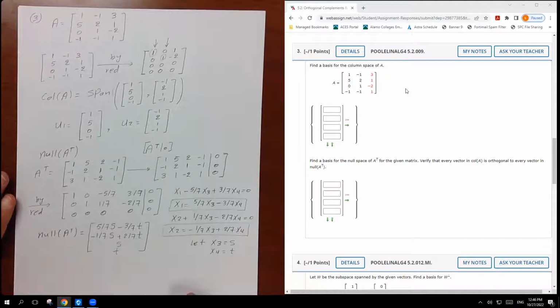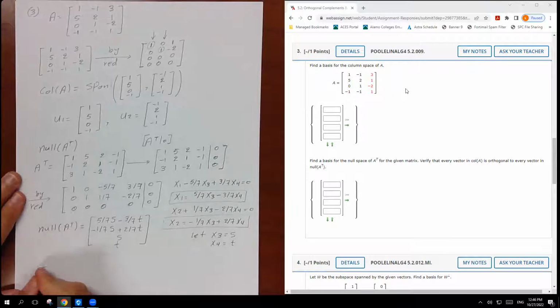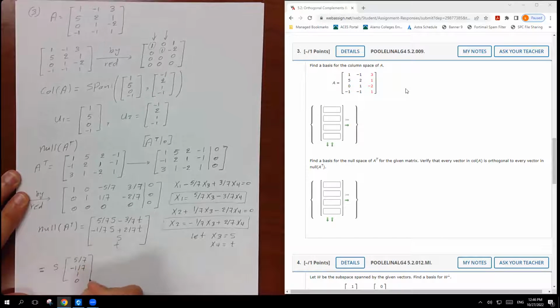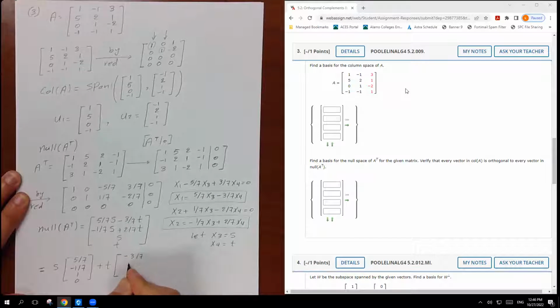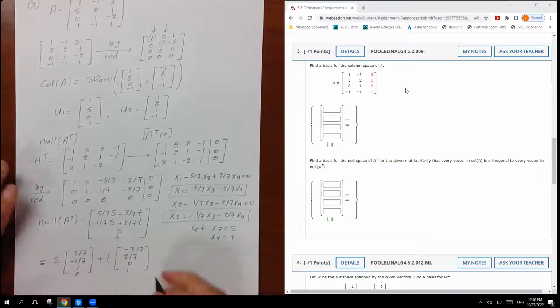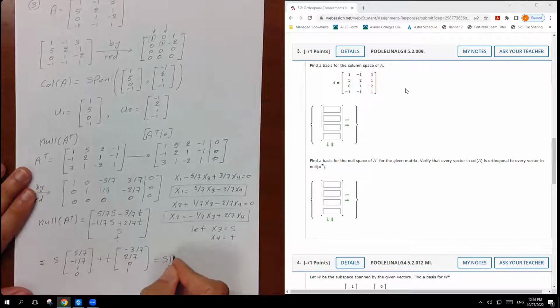Okay. Now, the null space is going to be equal to s times 5 over 7, negative 1 over 7, 1, 0, plus t times negative 3 over 7, 2 over 7, 0, 1. So we have two columns, and this is going to be a span.